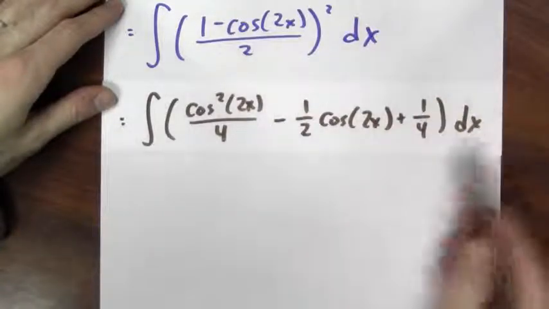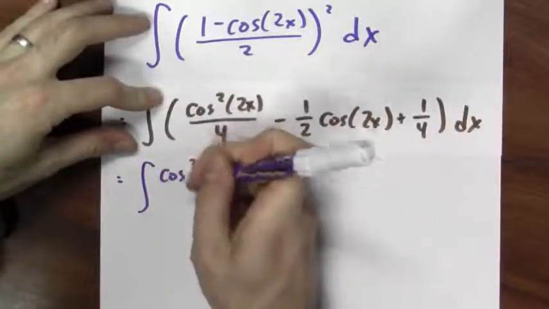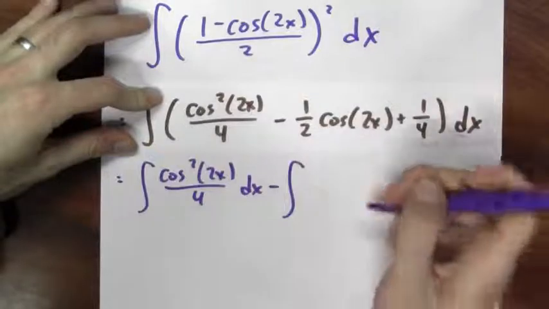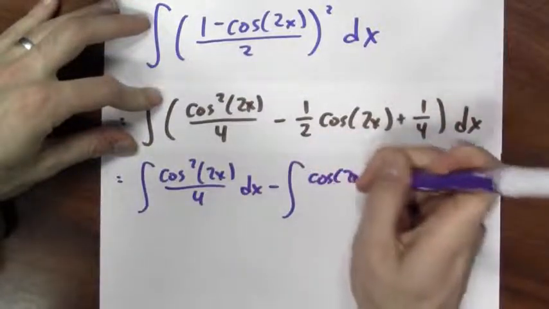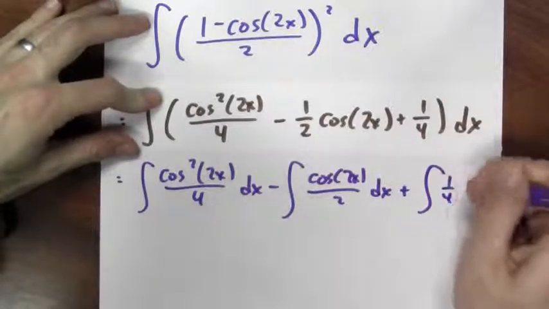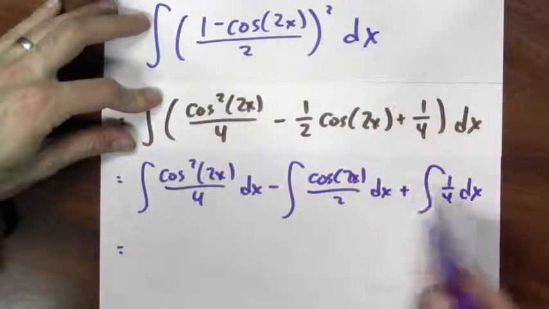So I just have to do this integration problem. I can split that into 3 integrals. So this gives me the integral of cosine squared 2x over 4 dx, minus the integral of cosine 2x over 2 dx, plus the integral of 1/4 dx. Now the second and third integration problems I can do.